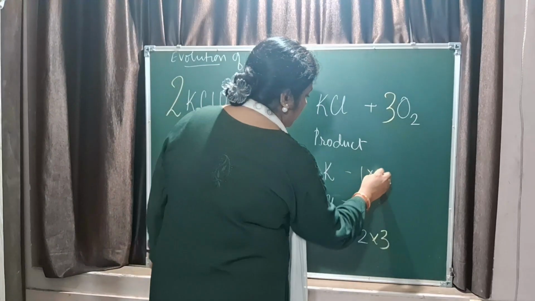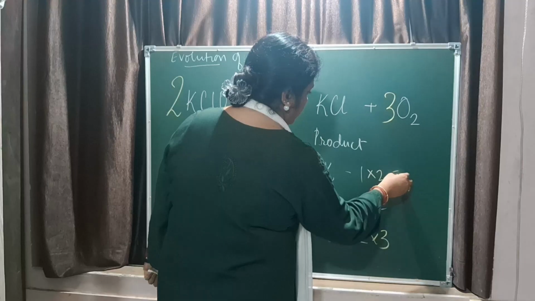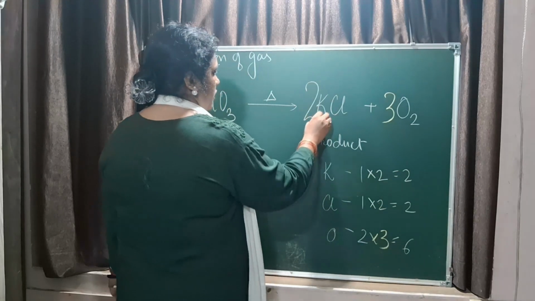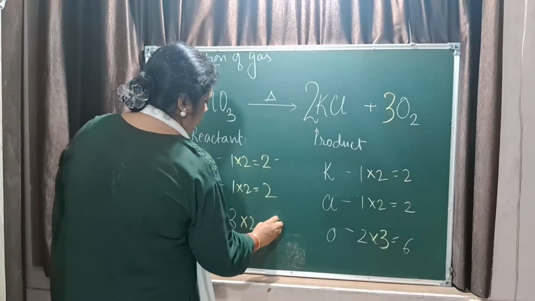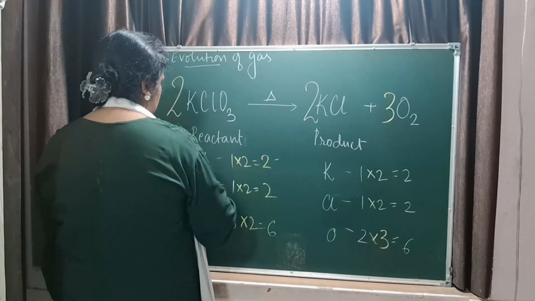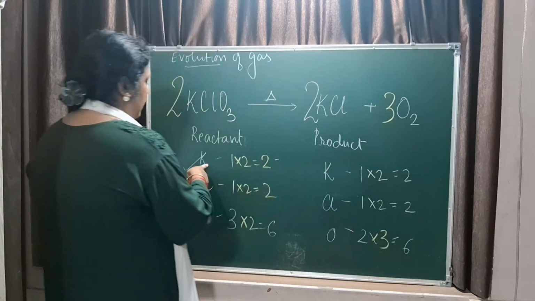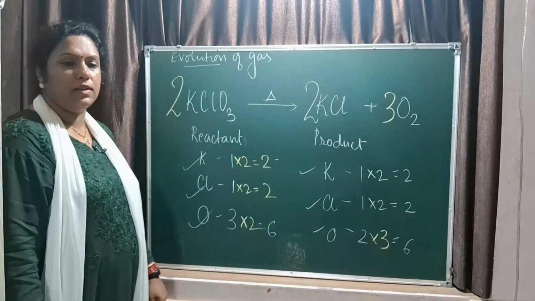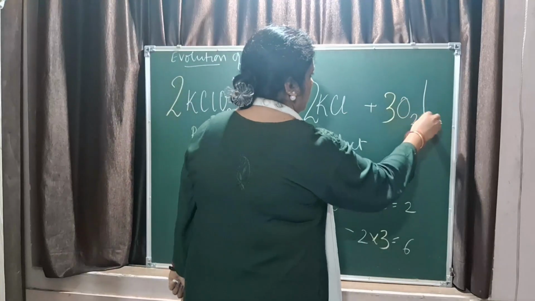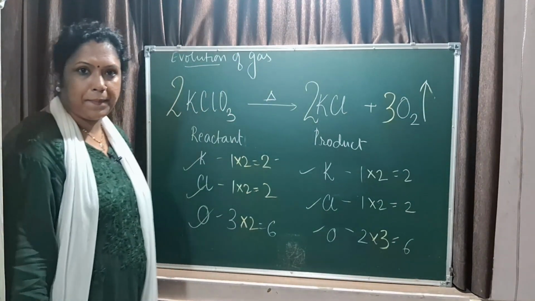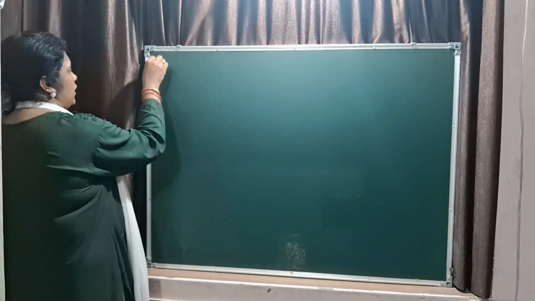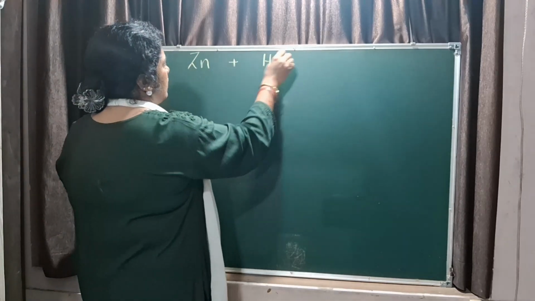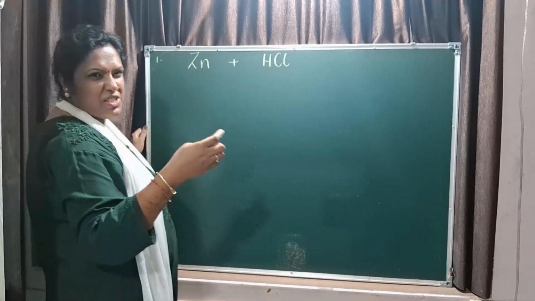So for that I have to multiply 2 and 2 to make it 2, 2 and 6. Now you can see K, Cl, O all are balanced. Understood balancing? And here which is the gas released? Oxygen gas is released. Clear? Evolution of gas. Let us take few more examples. Zinc plus HCl. This is a metal plus acid reaction.